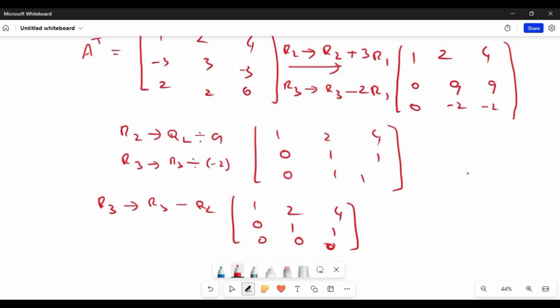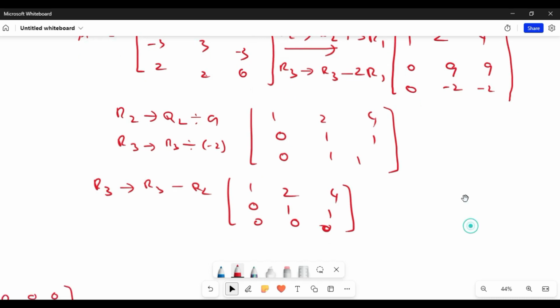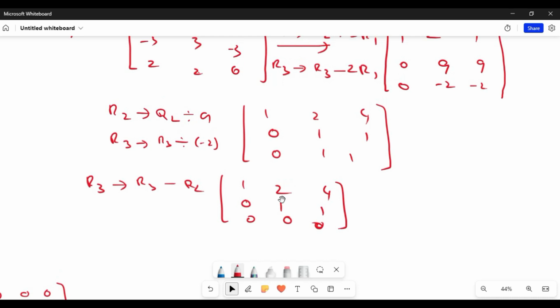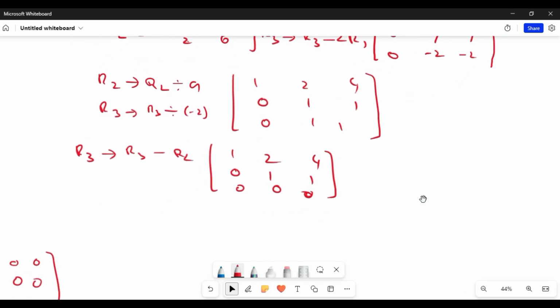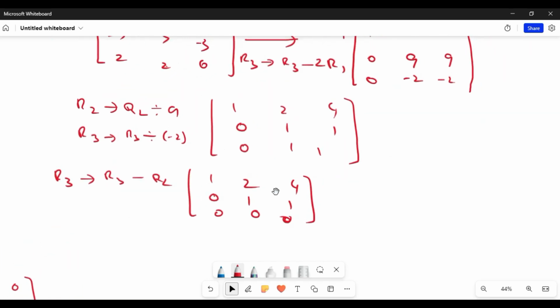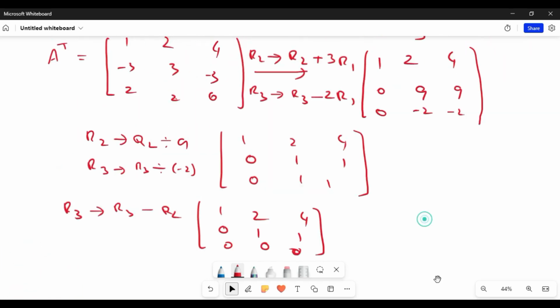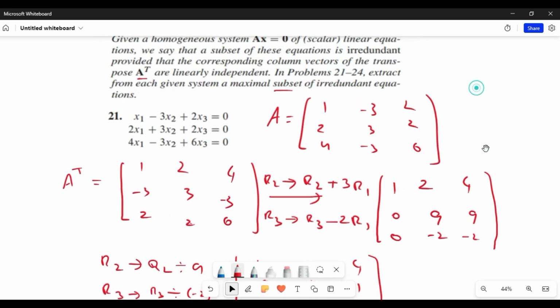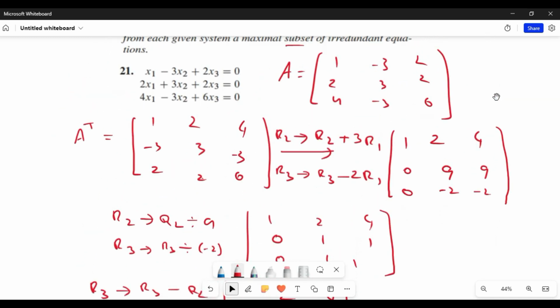So the first two rows have leading elements, so the first two rows are the linearly independent rows. That will give you that the first two equations are irredundant. That's enough. You don't need to convert this element into 0. We can stop here. The row rank is 2. So the first two equations are irredundant. The third equation is redundant.